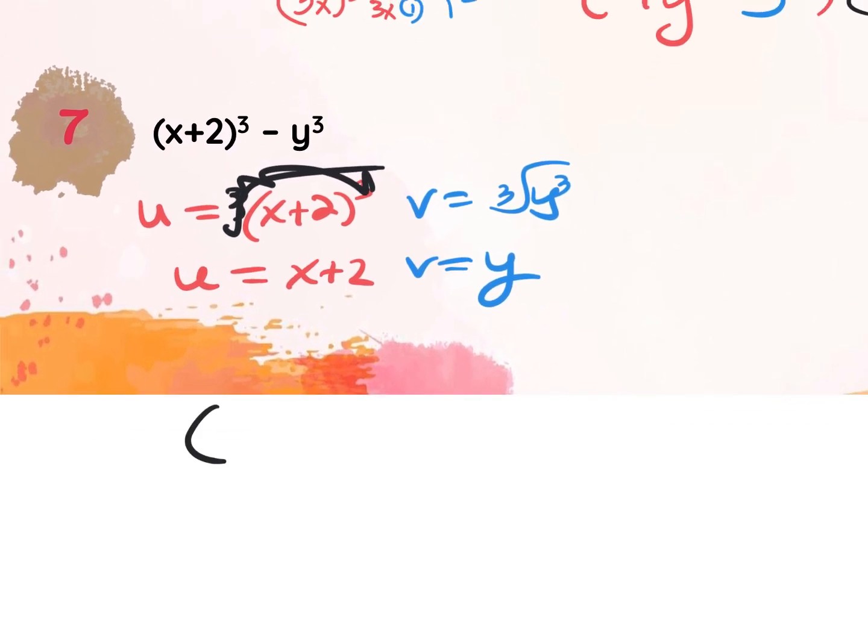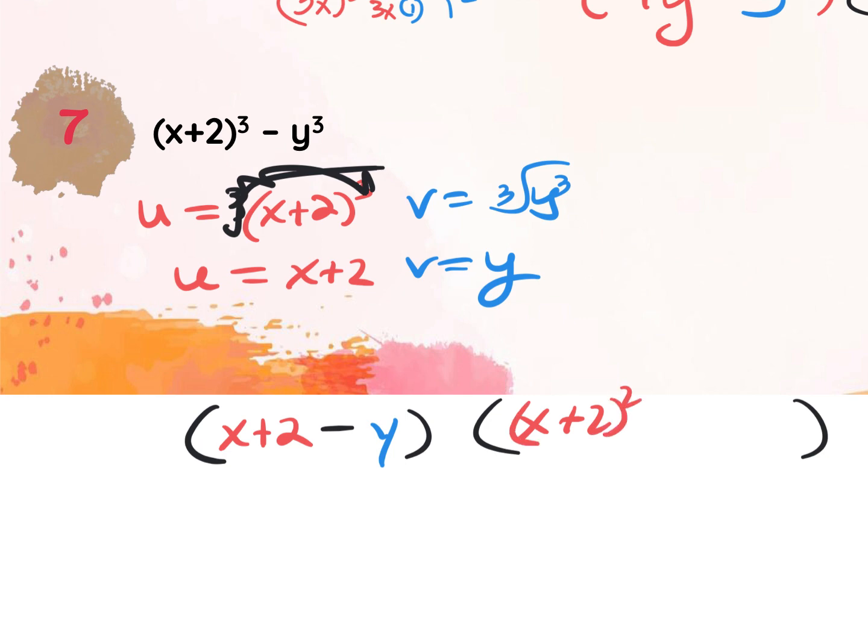So my pattern, I take my u value, x plus 2, same sign, so subtraction, and then the v, which is the y. Now, the next part is tricky. So remember, this first term here is x plus 2, actually I'll just write it in here, is that u value squared.